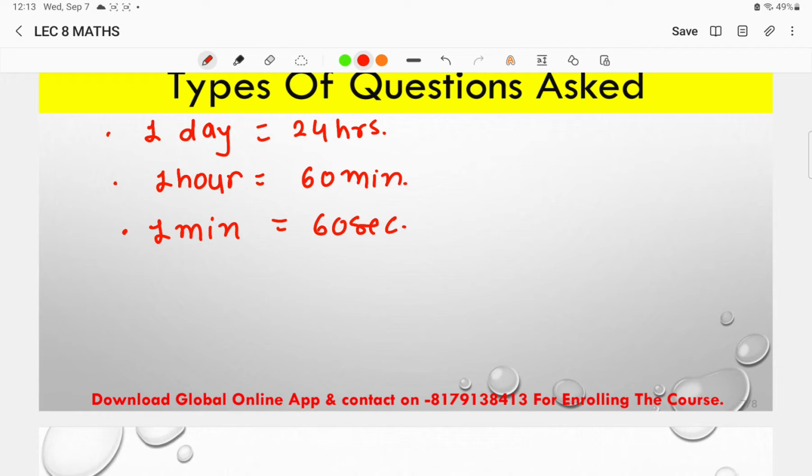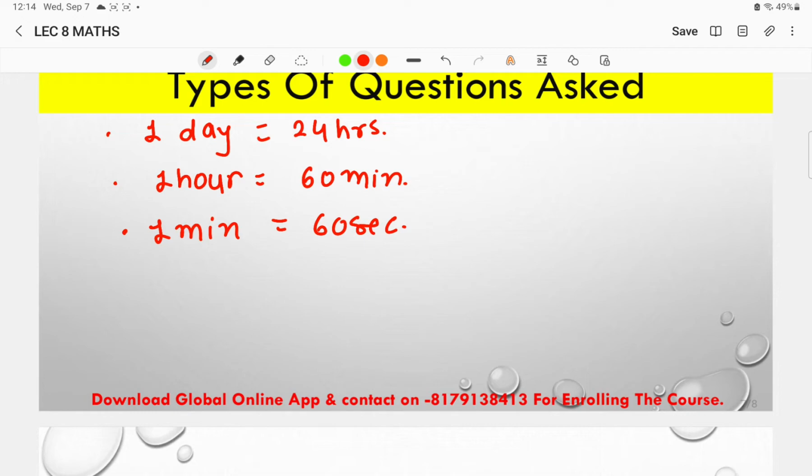The types of questions, before that we have seen measuring time, how we measure time, that is 1 year is equivalent to 365 days, okay. It means 12 months. Basically when we convert 365 days into weeks, as we know 1 week consists of 7 days, so in 1 year, 365 days, there are 52 weeks plus 1 day, okay.